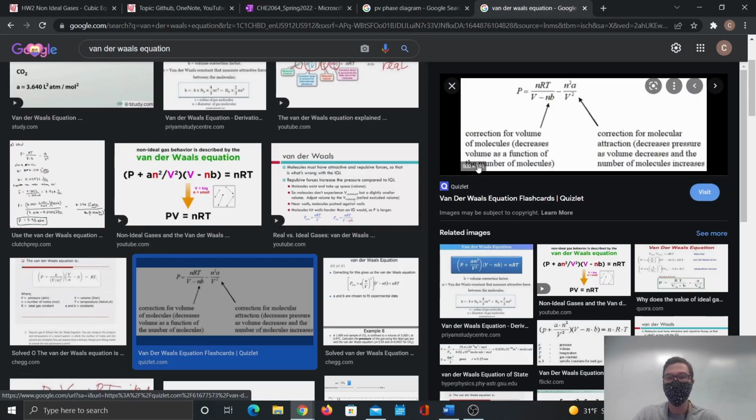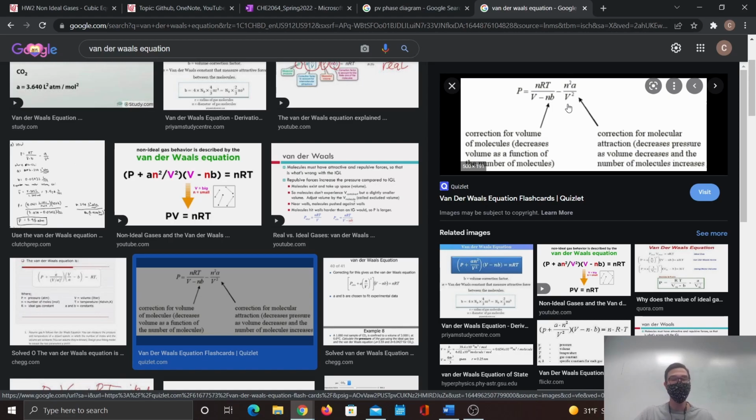The van der Waals equation of state is pressure equals the moles times R times the temperature divided by the volume minus the moles times B, and A and B are parameters within the equation of state, minus the moles squared times A divided by the volume squared.